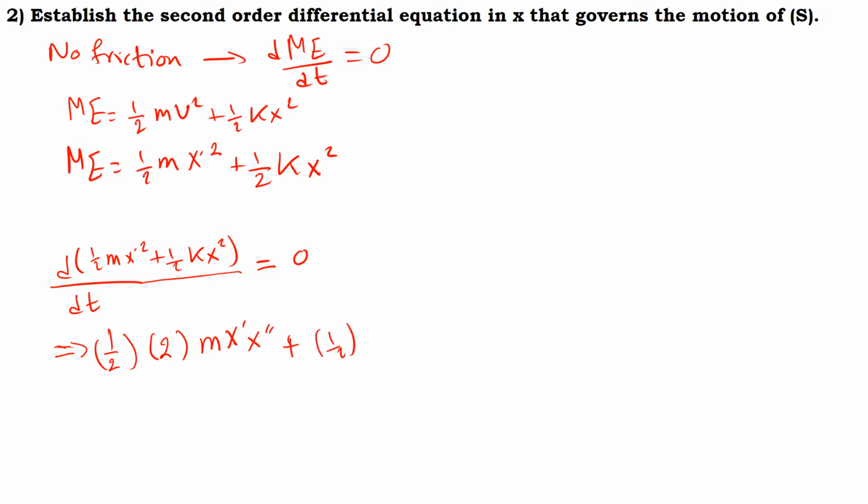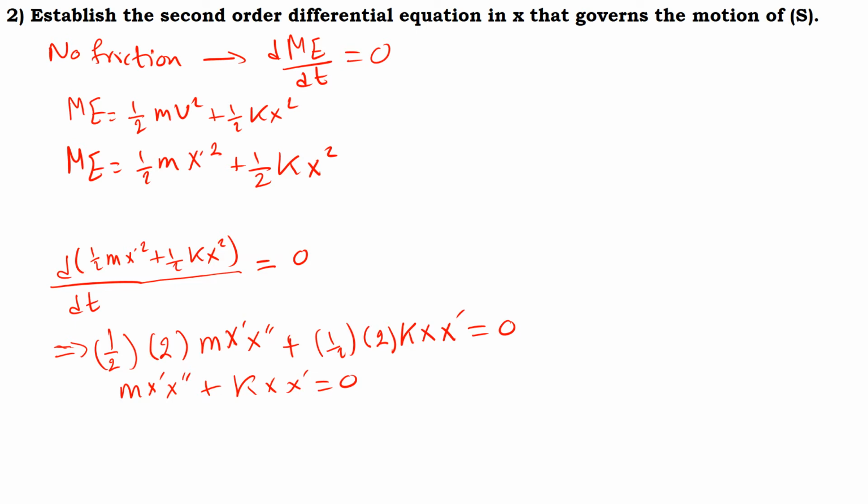Now I'm working on this part, kx squared, so it becomes 2 kx x prime equals 0. 1 over 2 into 2 becomes 1, so I will have m x prime x double prime plus 1 over 2 times 2 gives 1, kx x prime equals 0.